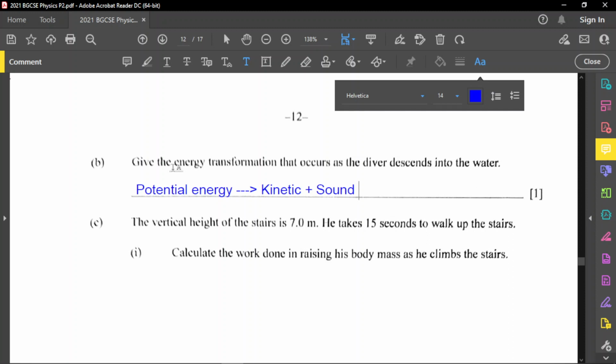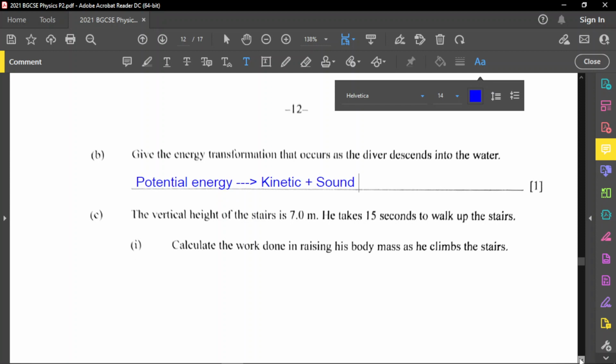So there are two types of energy experienced when a diver starts to descend into the water: potential energy converted to kinetic energy, and also to sound on hitting the water.